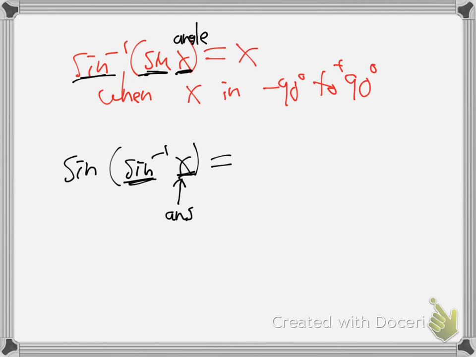Right up here, this one's an angle because he's just being put into regular sine. We know about angles. But what kind of answers come out of sine? Like if I take the sine of 129 degrees or whatever, use your calculator. What kind of answers do you get out of sine? What's the biggest answer you ever get out of sine? The biggest thing you're ever going to get out of sine?